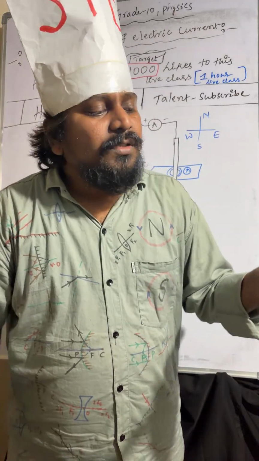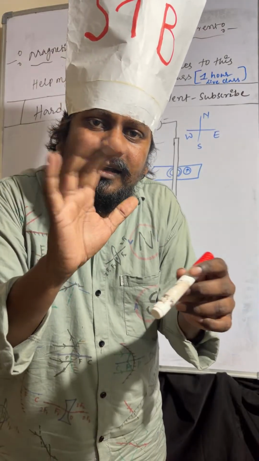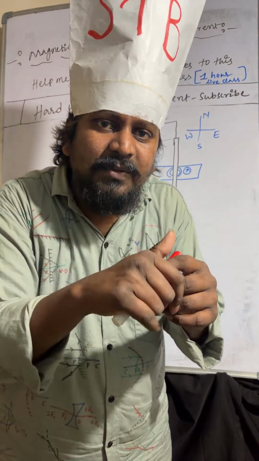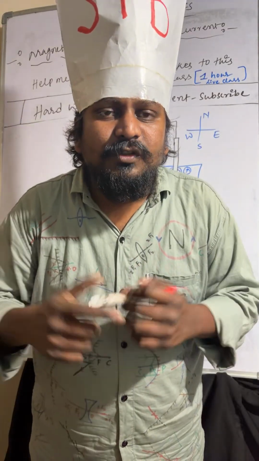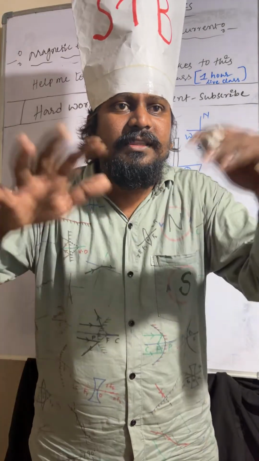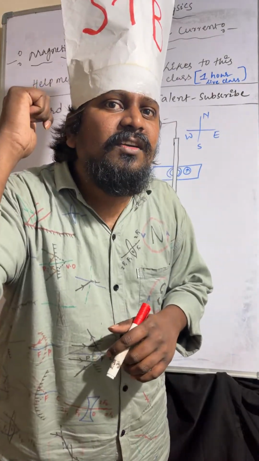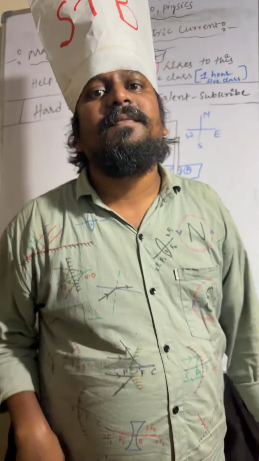Yes or no? If you place the thumb along the current carrying conductor, the curly, folding, wrapping fingers show the magnetic field. So by using what rule? The right hand thumb rule.